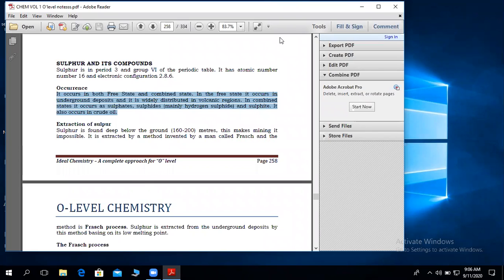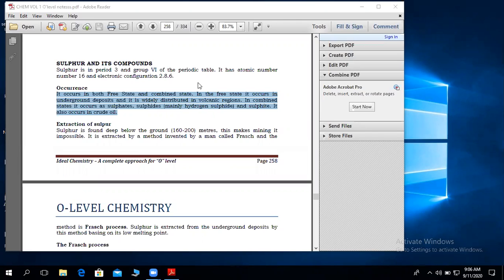So occurrence of sulfur: it can occur in free state, as a free element, naturally by nature. And where do we find it? It is found underground. How deep underground? About 200 meters below the ground. That is how it occurs naturally, or in free state.